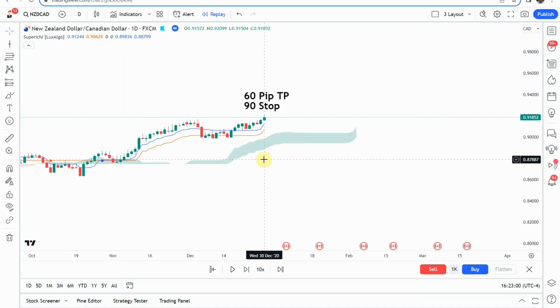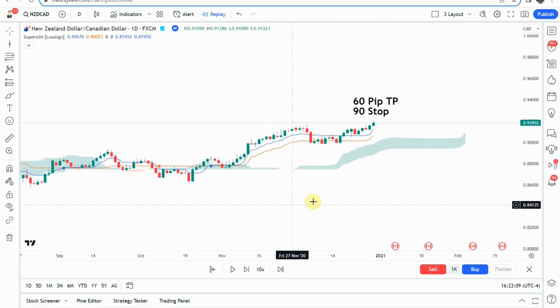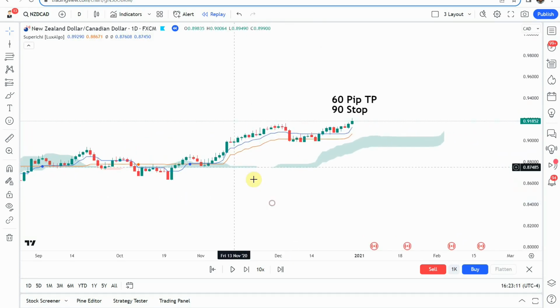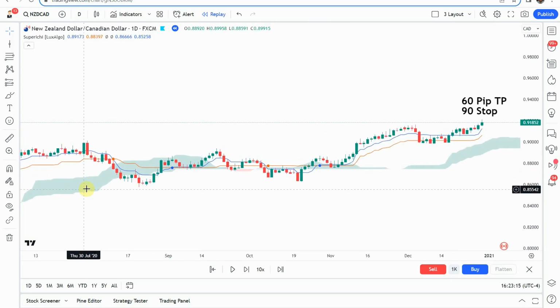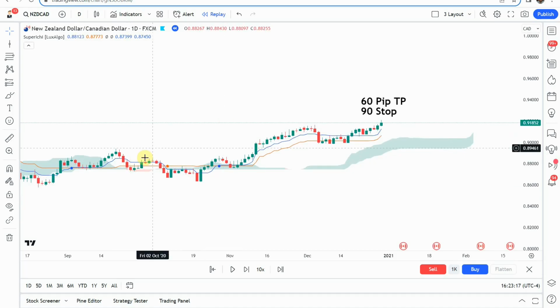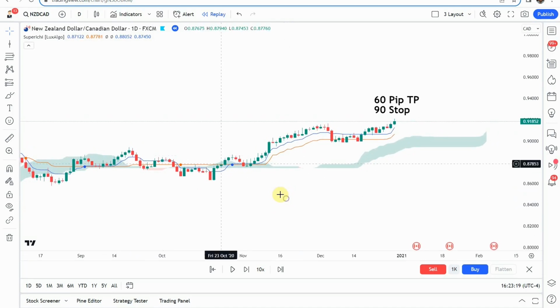Okay, so today we are testing the SuperIchi indicator. We actually tested this one in yesterday's video, and in that video what we were looking for was the Ichimoku cloud here in the background to give us the overall trend direction, and then we were looking for the Tenkan-sen and Kijun-sen cross that was notated by these dots here.